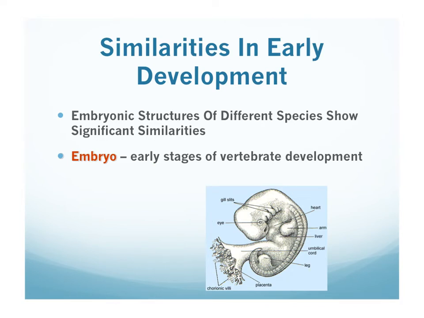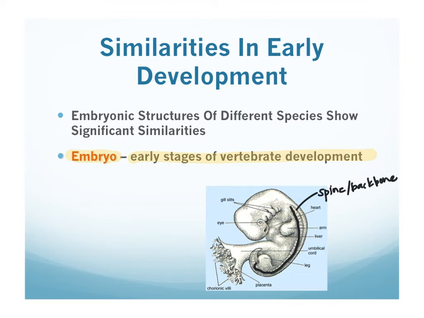Another piece of evidence that's used to prove evolution is similarities in early development. So embryonic structures of different species show significant similarities, and an embryo is the early stage of vertebrate development. What you're looking at right here is an embryo of a vertebrate. You can tell it's a vertebrate because it's got its spine, or its backbone, right there, okay?